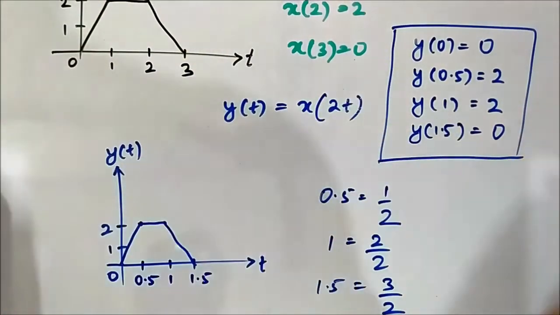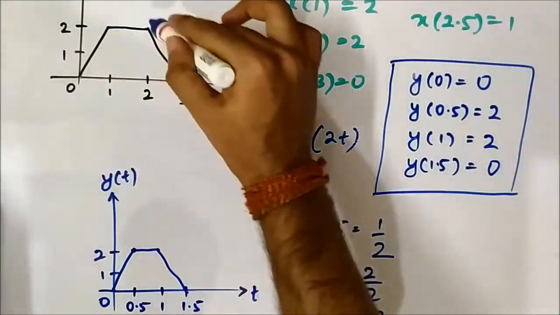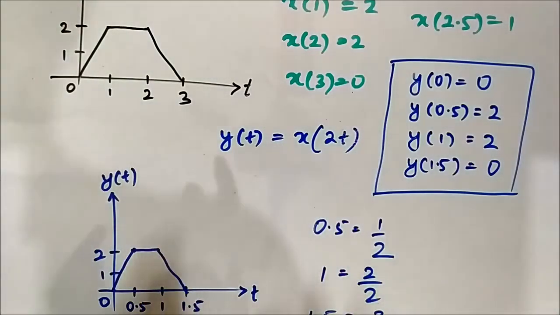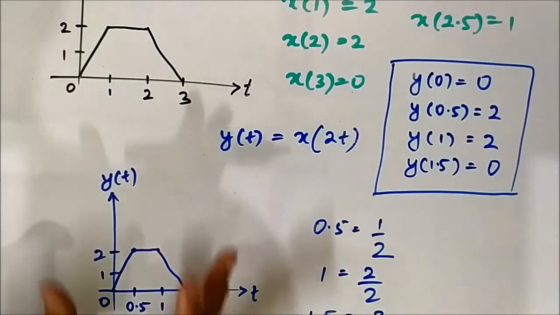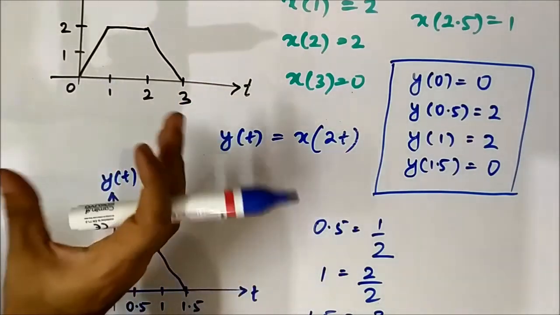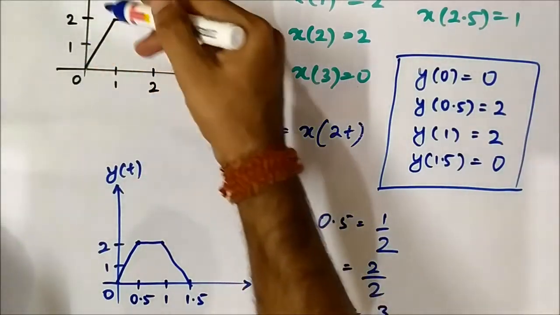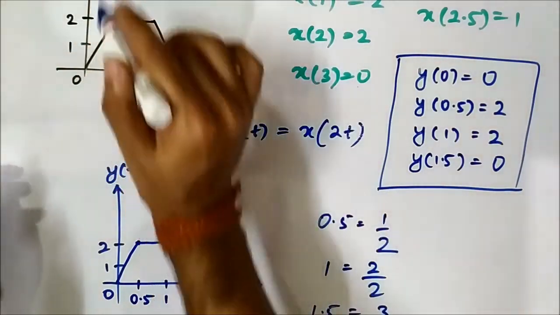So it follows the same pattern. The general shape is intact, but the width of the signal on the time axis has decreased. Actually it is half of the original signal. But the amplitude stays the same. There is no change in the amplitude.